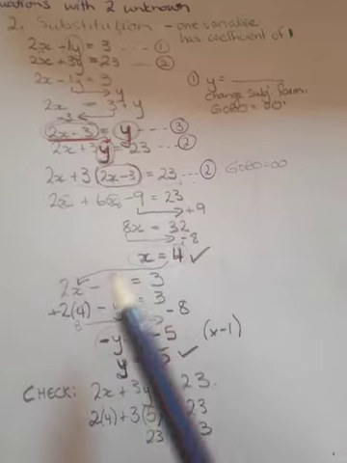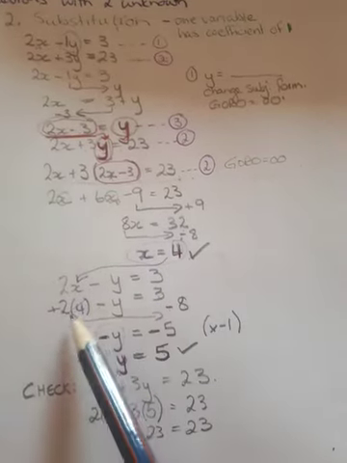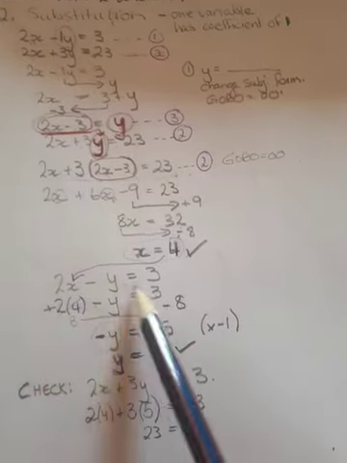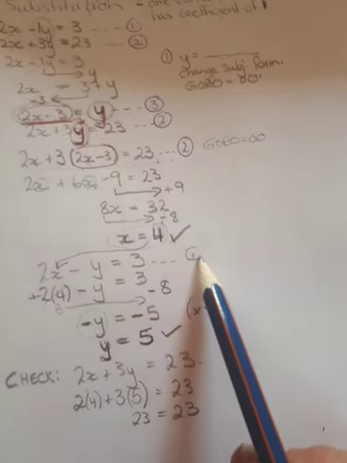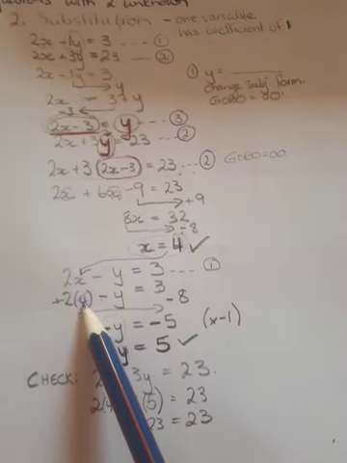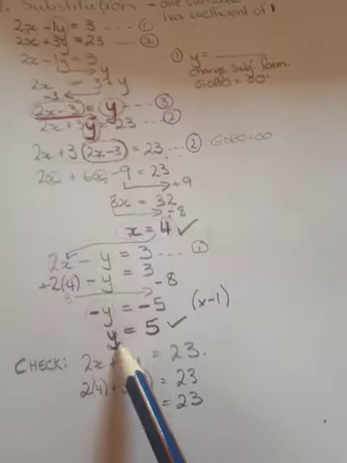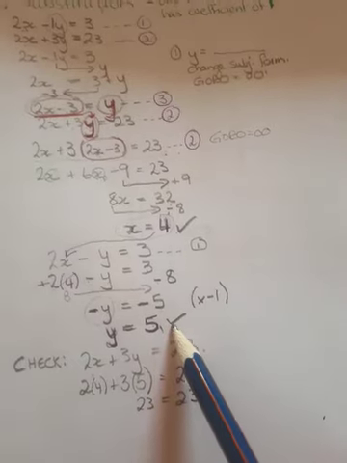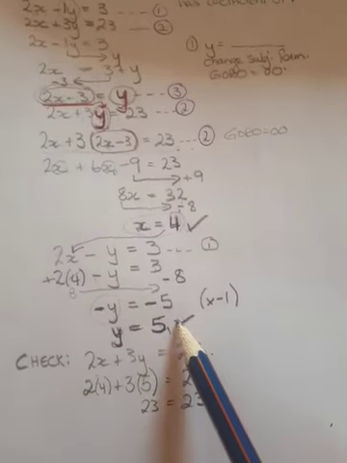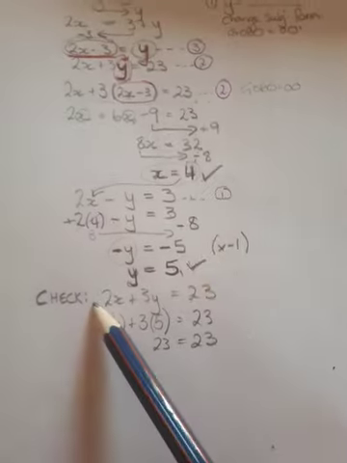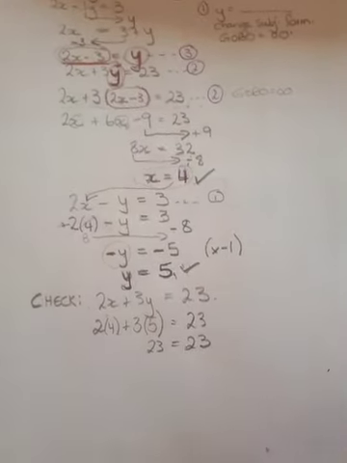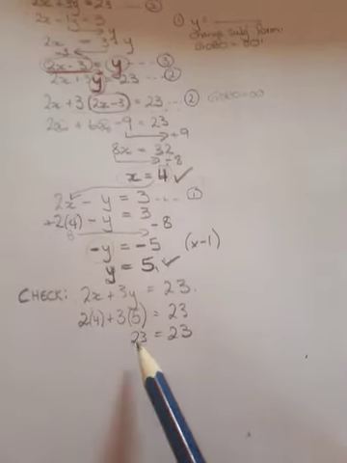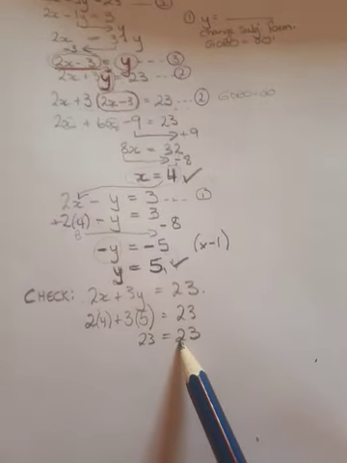To find the value for y, we will substitute the value for x into one of these two equations. In fact, this one we used equation 1 for. Substitute the value of x so that you can find the value of y, and with that you have both values. Finally, you can do your check by substituting x and y into either one of these equations, and your left-hand side must be equal to the right-hand side.